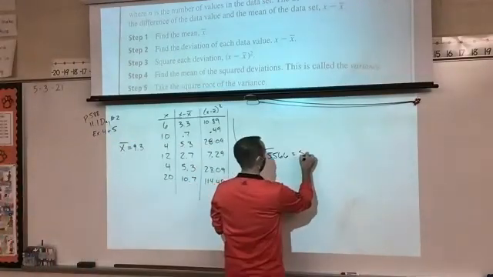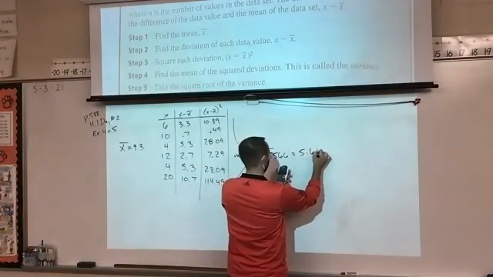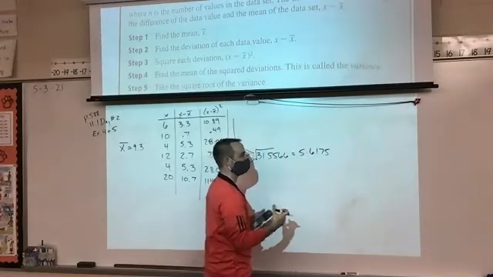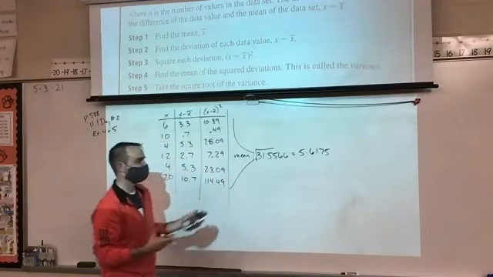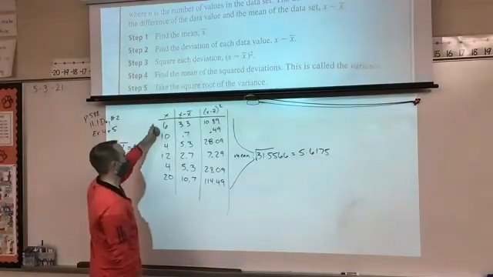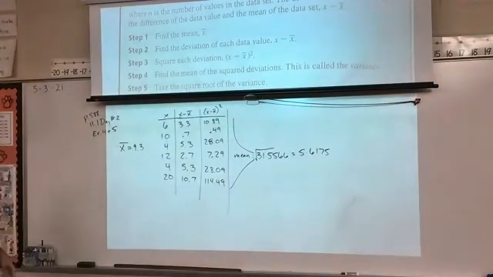But we're going to end up with about 5.6175. So depending on what they want us to round to, it's either going to be 5.6, 5.62, something like that. And that's telling us on average, our data points are about 5.5 away from that mean value.